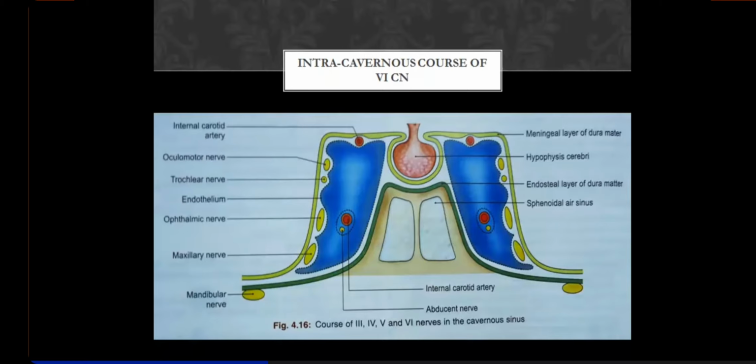The ophthalmic artery enters the orbit along with the optic nerve through the optic canal, and it lies infralateral to the optic nerve. The third relation I'll tell you when teaching about the relationships of this nerve in the orbit. So that makes it quite easy for you: there are three infralateral relations here. One is the abducent nerve in the cavernous sinus, related infralaterally to the internal carotid artery.